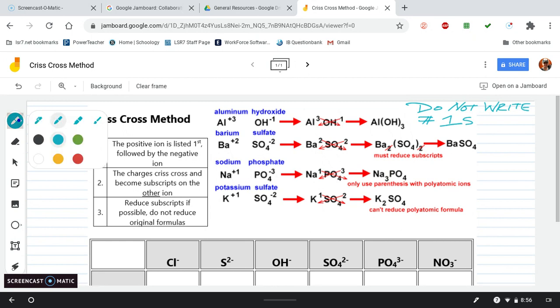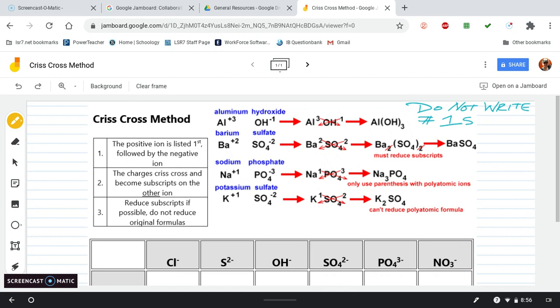You see a parenthesis in a couple of spots here. A parenthesis, just like in math, is trying to show that the number outside the parenthesis applies to everything inside the parenthesis.